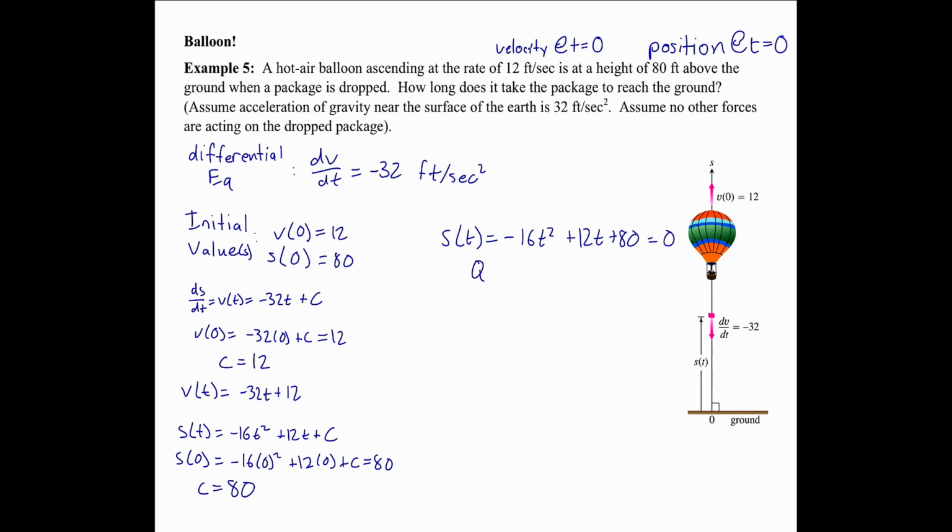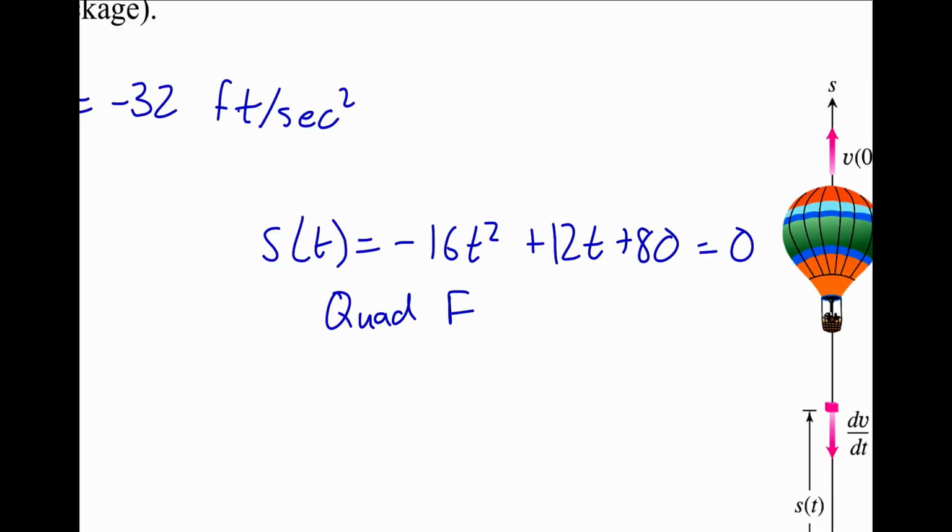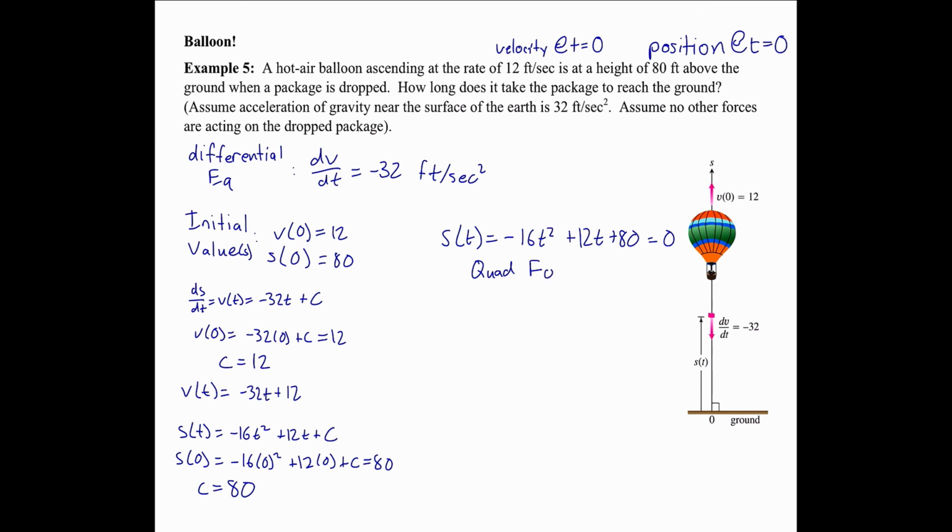For this one I would suggest using the quadratic formula. The quadratic formula will give us, for our values of t, that t is approximately negative 1.89 and also 2.64. It doesn't make sense to talk about negative time, so we can cancel that out. And it takes approximately 2.64 seconds for the package to reach the ground.